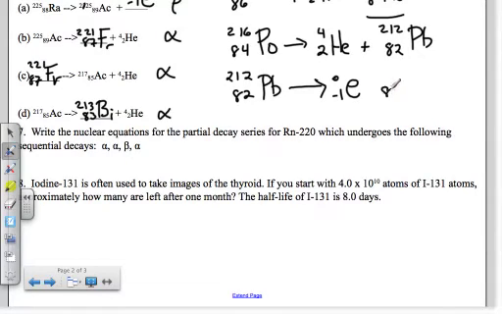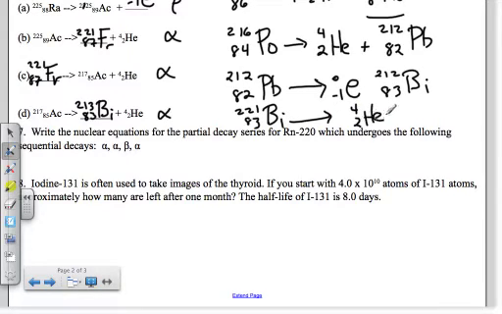And now we're going to go back to bismuth as our element, and 212 is our mass number. And then one more time, 212 bismuth becomes the parent nucleus, another alpha, and the product at the end of these 4 reactions is thallium, element 81, and the mass number is 208.